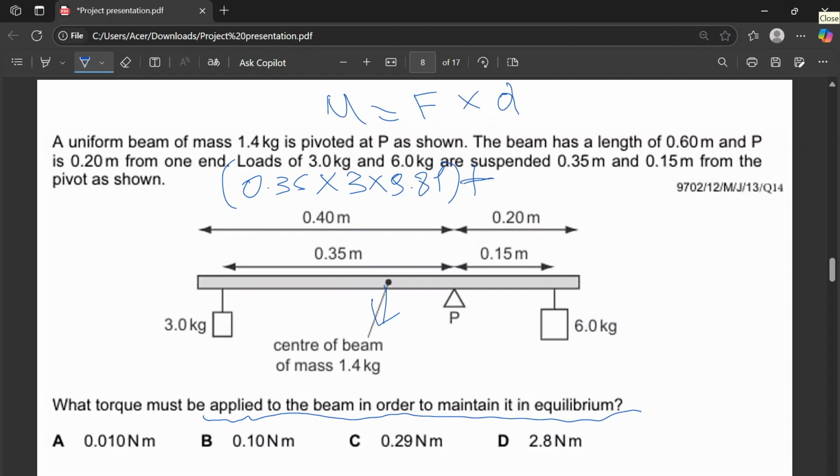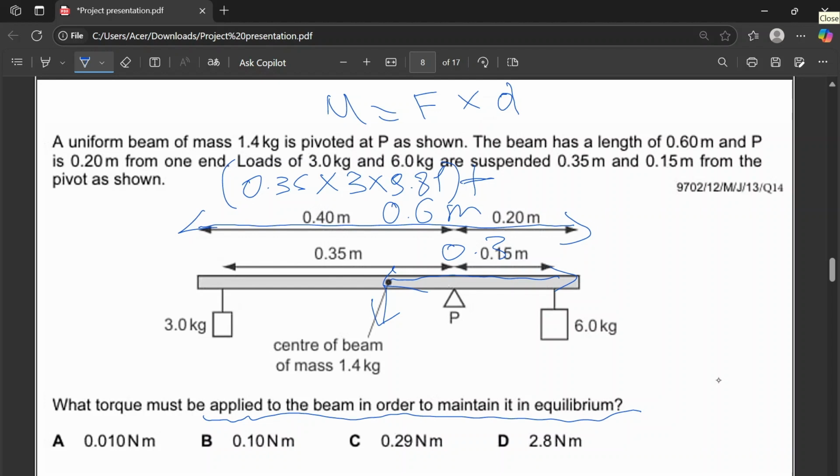To find that, we need to divide the total length of the beam by two. The total length of the beam is 0.60 meters, so half of this will be 0.3 meters. We need to find the distance from the pivot, so we can conclude that this distance is 0.30 meters.